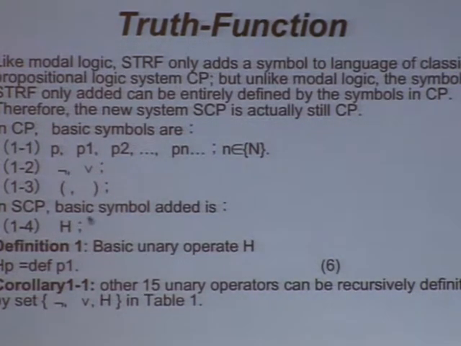In ACP, we only add a symbol H. Definition 1 is HP for any atomic proposition. HP can define P1. So, although 16 unary operators can be recursively defined by this set, how about P2, P3, P4?